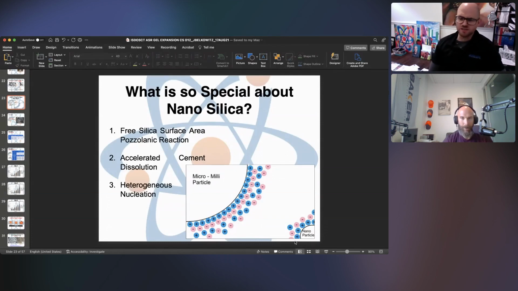I love nanosilica, man. Damn, that's good stuff. So it increases the strength. It increases the production of calcium silicate hydrate by monopolizing water and calcium hydroxide, and in doing so, strength is increased, and what we already talked about, durability is increased. But we're increasing strength by increasing the cement efficiency.